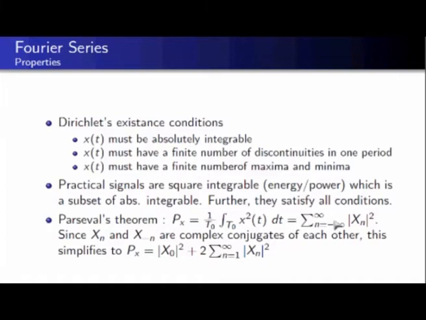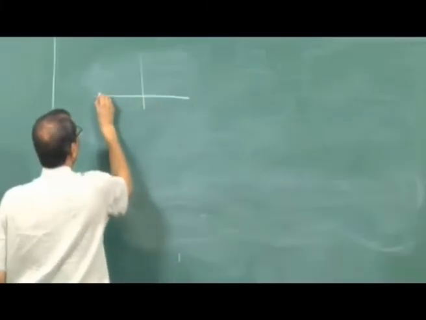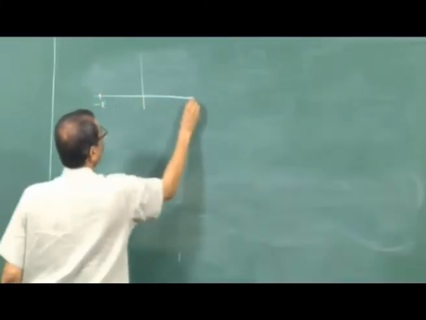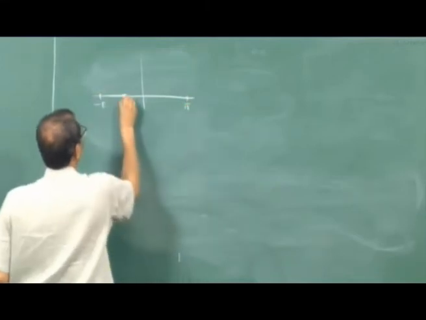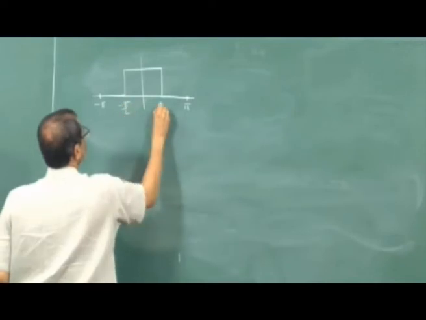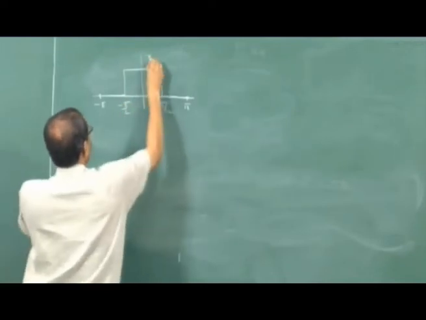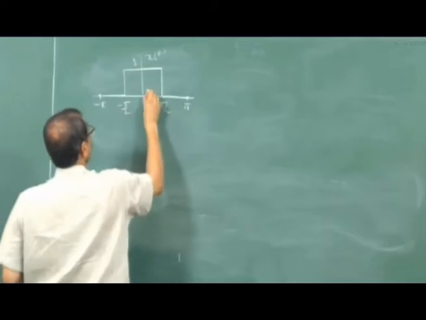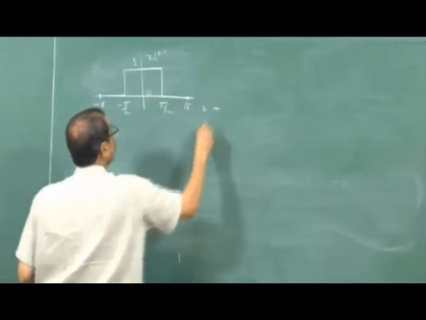The signal I had was, with minus pi and plus pi marked, and minus pi by 2 and plus pi by 2. This is my x of t and the value is 1 here and 0 here. This is one period.